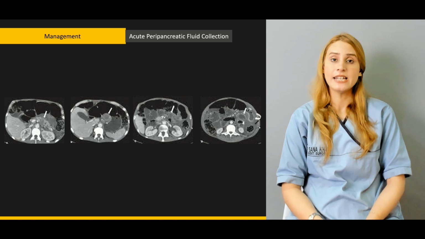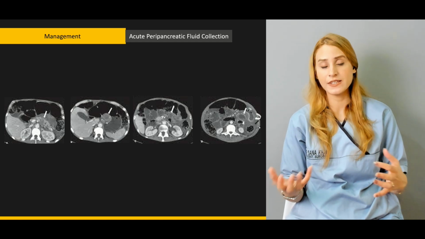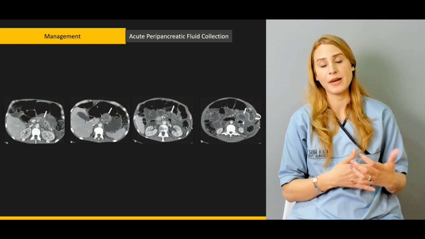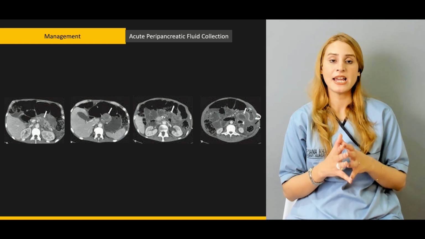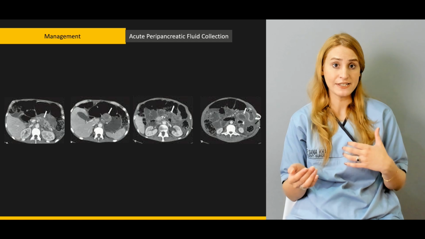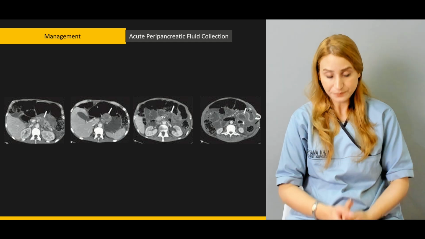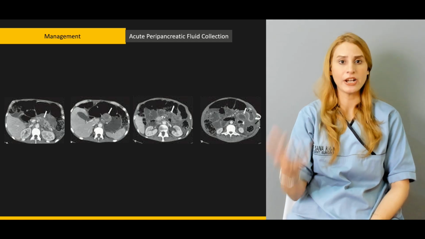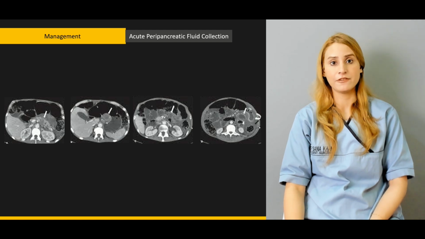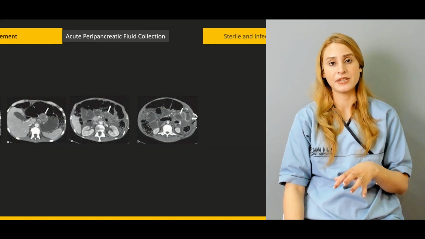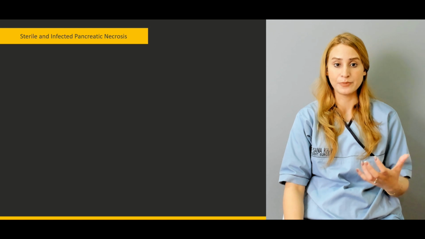How are you going to drain it? Within 72 hours of the admission of the patient or the developed episode of acute pancreatitis, you have to go for ERCP. You put a T-tube, or you put a stent for the drainage of that peripancreatic fluid collection, and also you put a nasogastric tube in the patient.